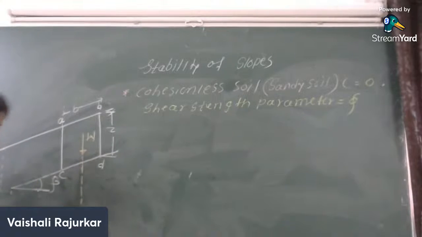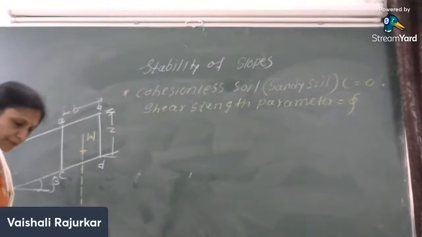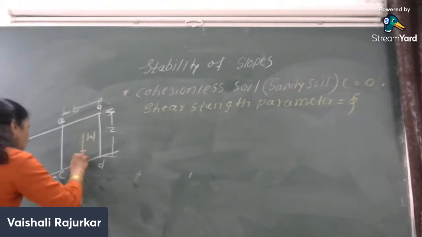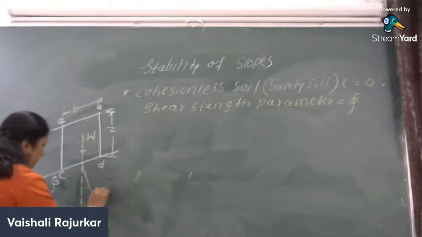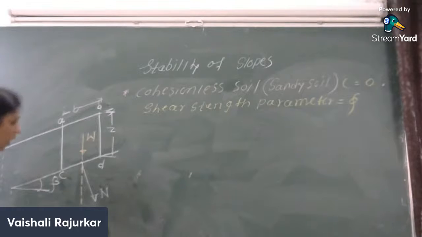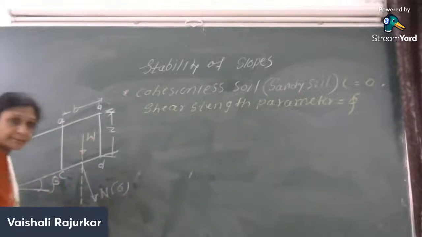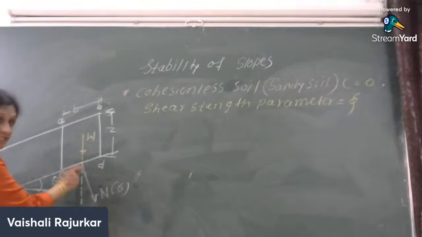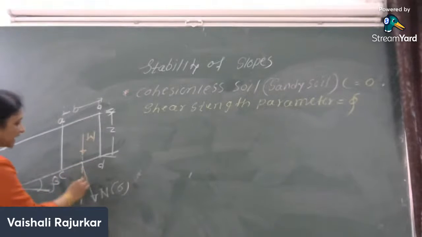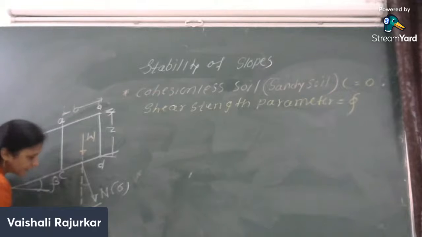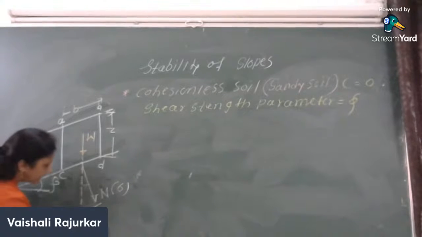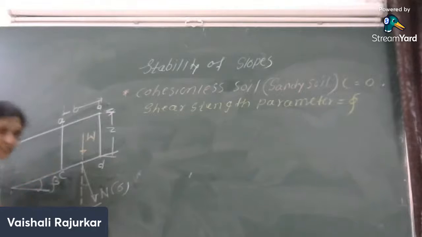There is a normal component, which we will consider as N, or many times as sigma, making an angle with the vertical, and that is a component of W. Then the other component is the tangential component, which is considered as T.